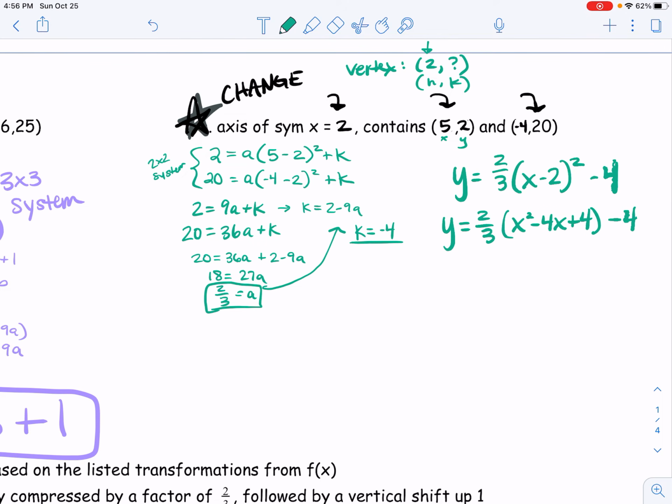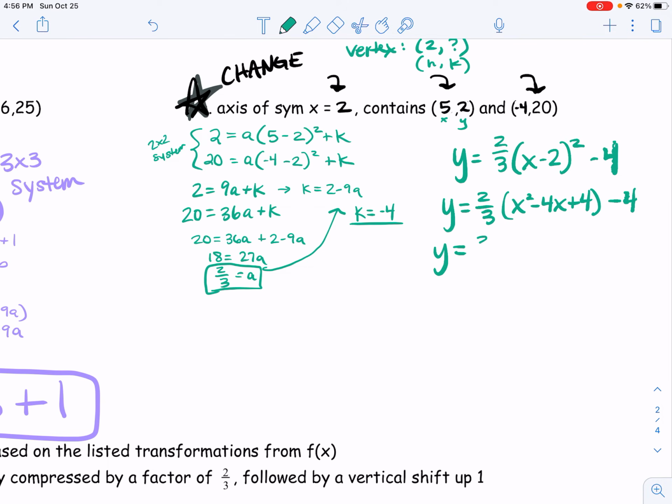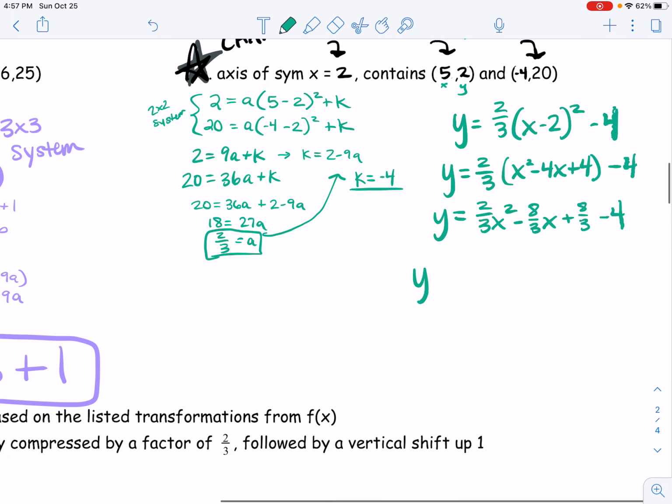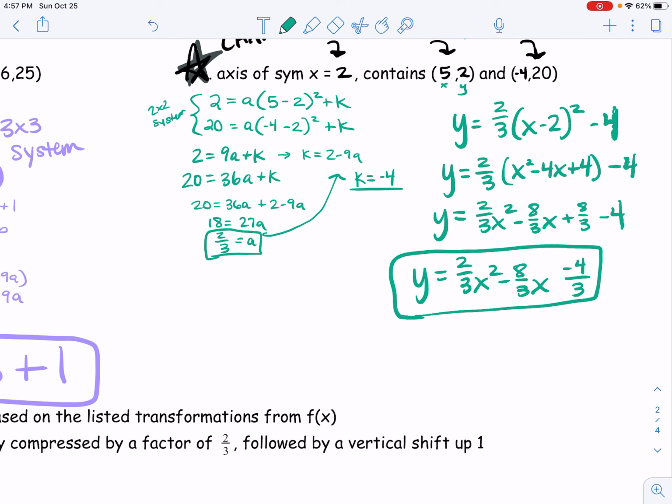Now I need to distribute. And then now I need to combine those like terms at the end. A positive 8/3 minus 4. 4 would be like 12 over 3. So 8 minus 12 is a negative 4. And so now finally it's in standard form.